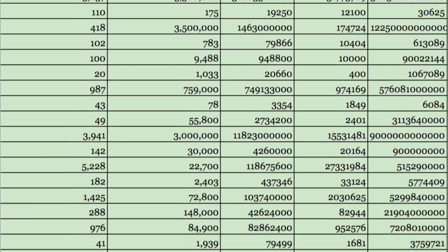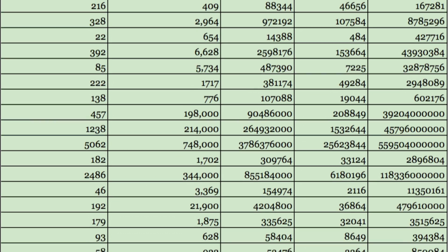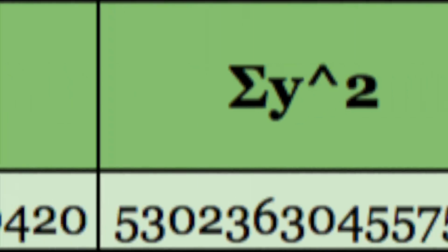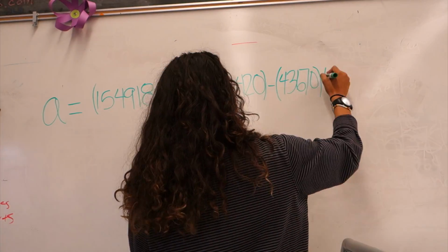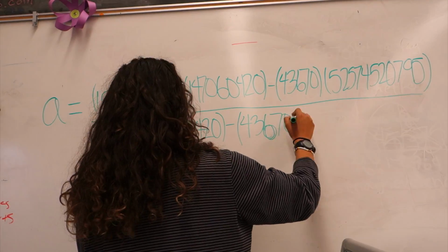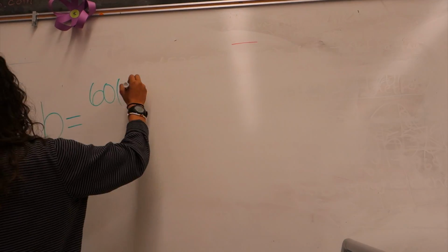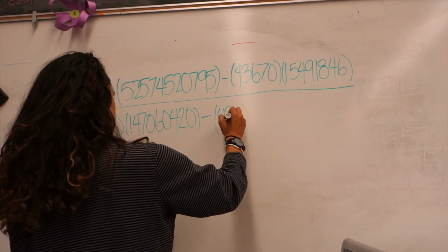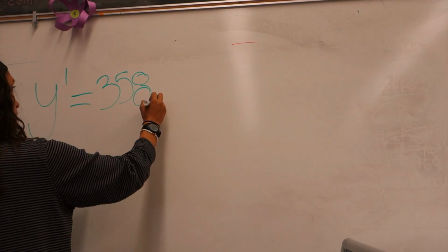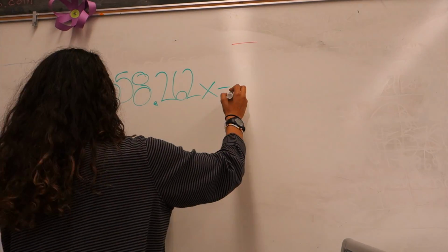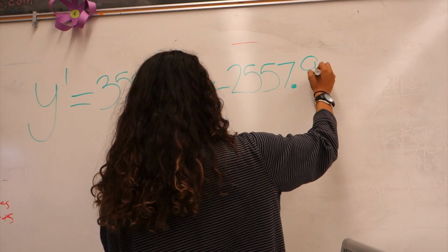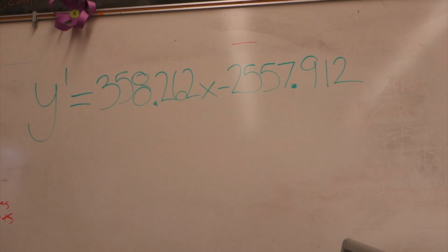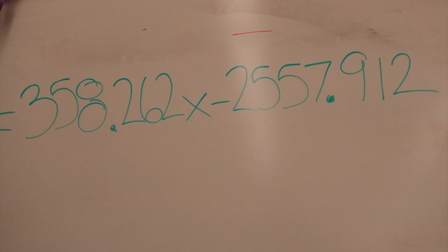We decided to keep going from there and create a line of best fit. The regression line equation is y prime equals a plus b times x. We went back to our x, our y, xy, x squared, and y squared values and plugged them into the equations for a and b values. Our equation came out as y prime equals negative 2,557.912 plus 358.262 times x.